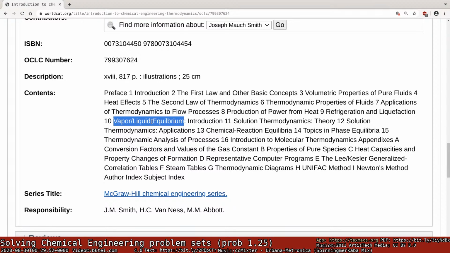Then 11 is solution thermodynamics theory. So again, going into solutions, we got fugacity, being the effective partial pressure, is kind of my mental note for what fugacity is, but I guess I'll get into that when I get to chapter 11.